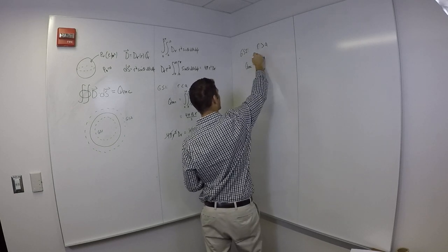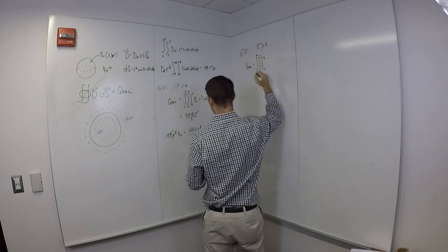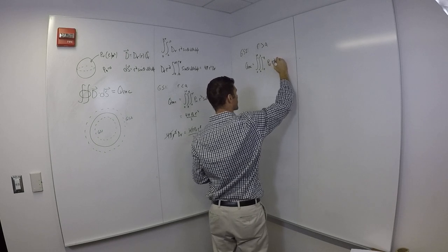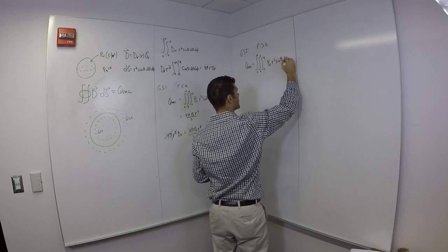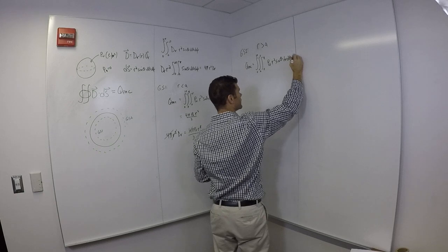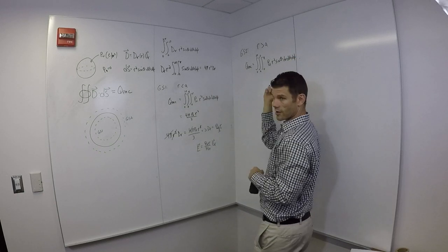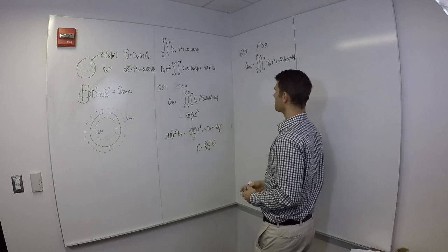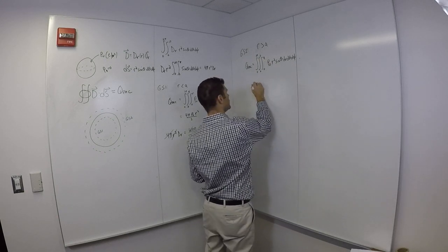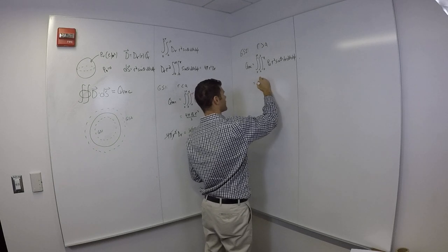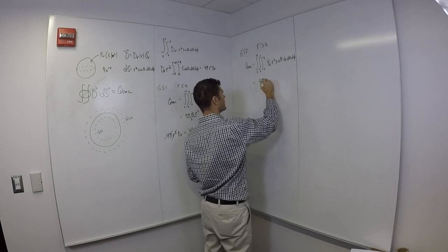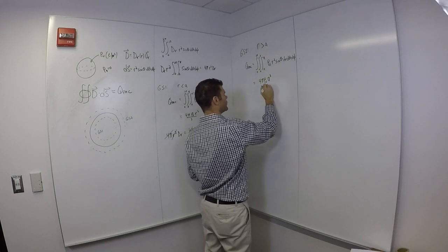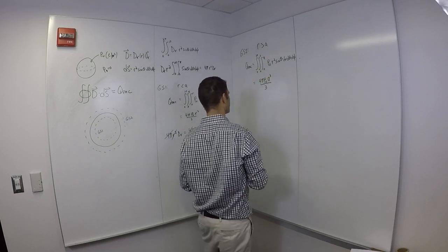Theta 0 to pi, phi 0 to 2 pi, and then again we have the same equation: rho sub v r squared sine theta dr d theta d phi. This time we don't need the dummy variable because we're not integrating to an arbitrary r, we're just integrating to some finite value a. When we do this integral, we get 4 times pi times rho sub v, except instead of r, we have a cubed over 3.